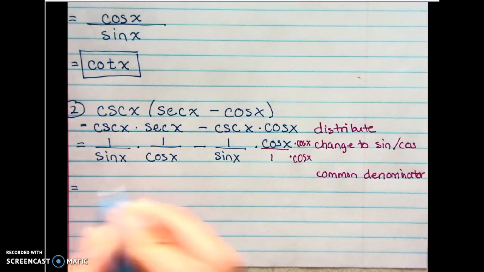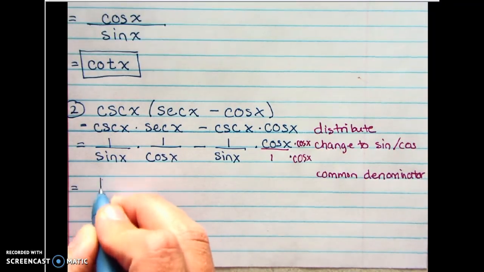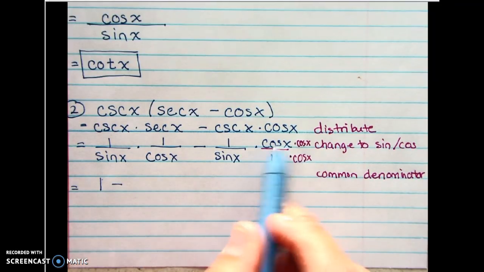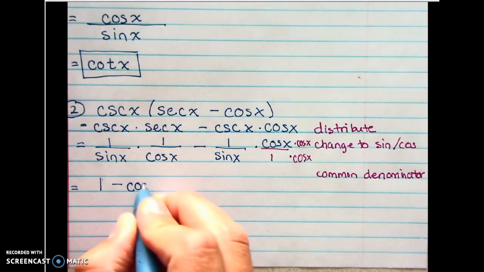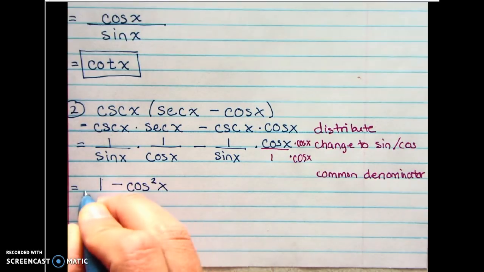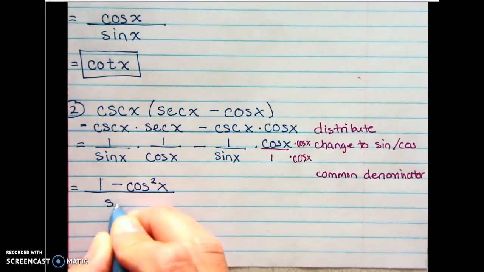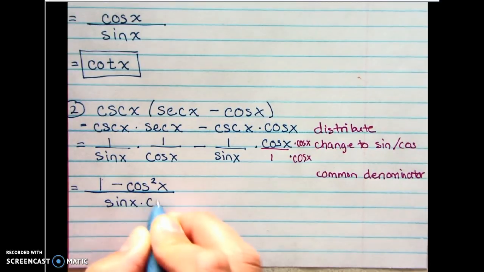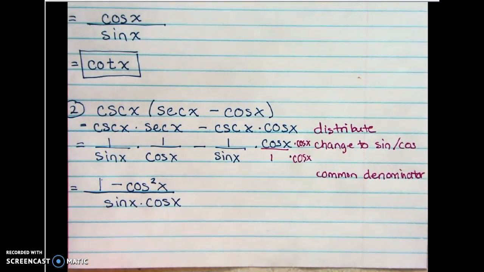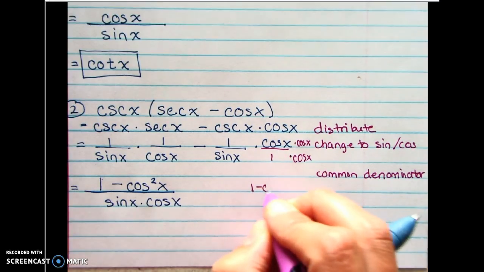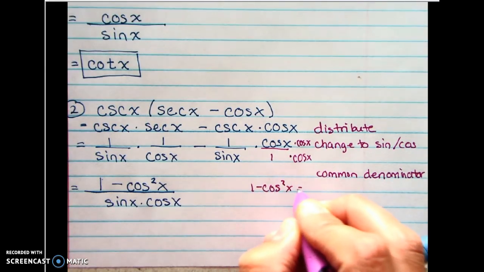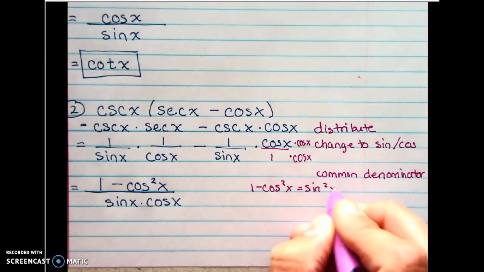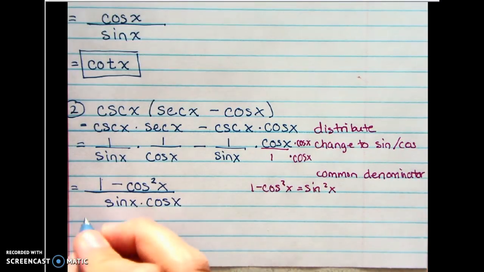Here we go. Now we have 1 minus cosine times cosine. Cosine times cosine is cosine squared, and our common denominator is sine times cosine. What is 1 minus cosine squared equal to? 1 minus cosine squared is equal to sine squared. So we're going to substitute that out.